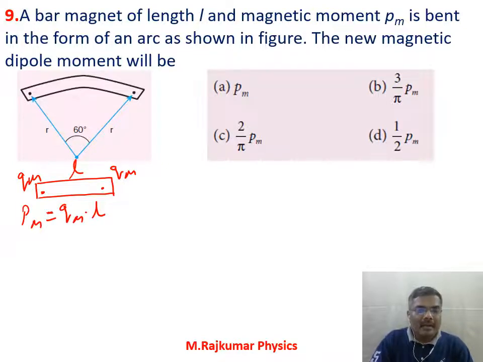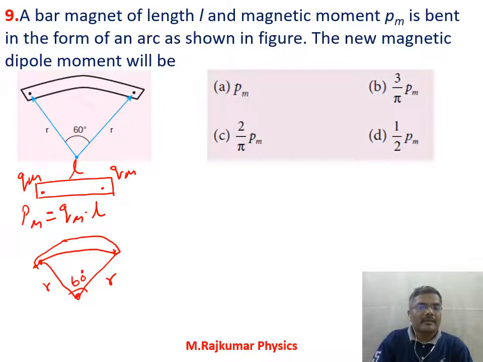So the same bar magnet has been bent like this, as per the diagram. This magnet is bent like this, with an arc length and radius R, and this forms an angle of 60 degrees. So in the diagram solution, if I take this as R and this as R, I have to find out this length.